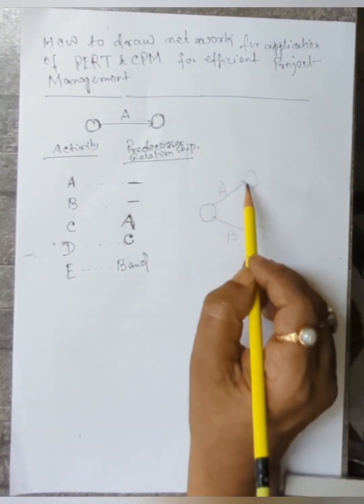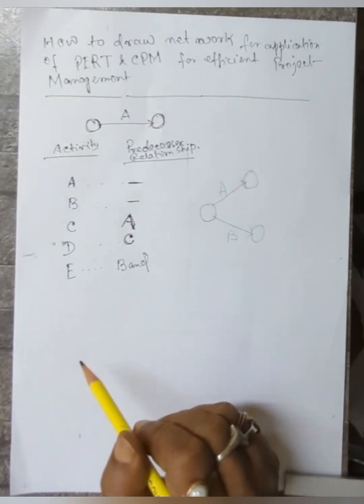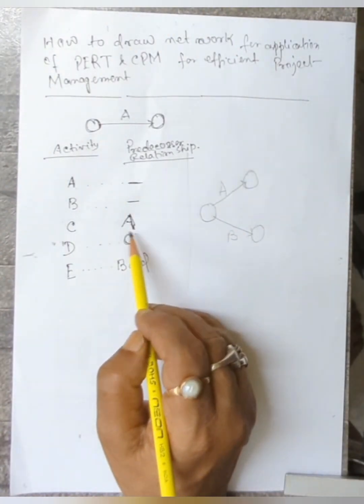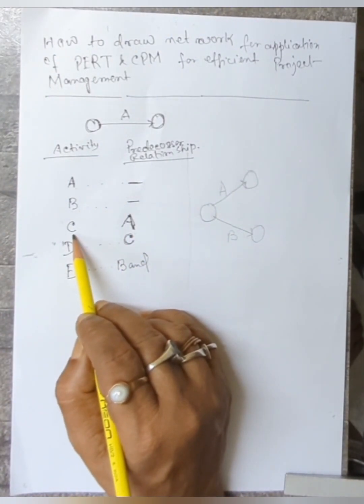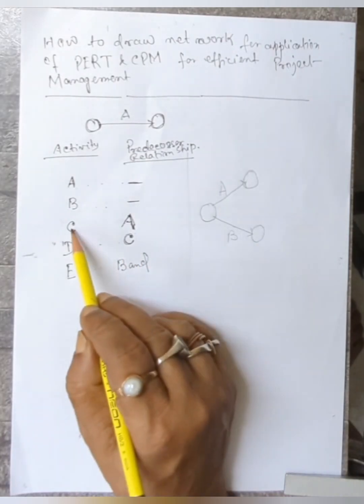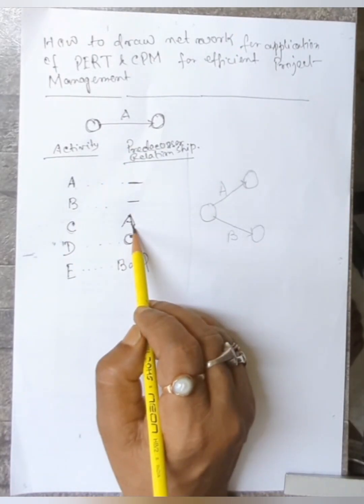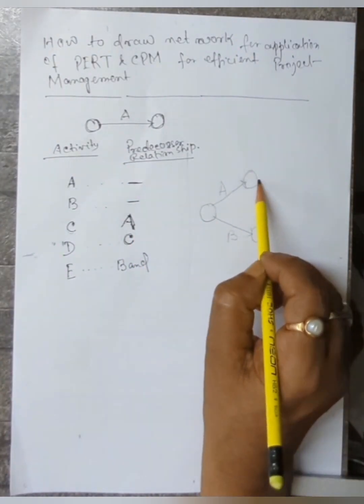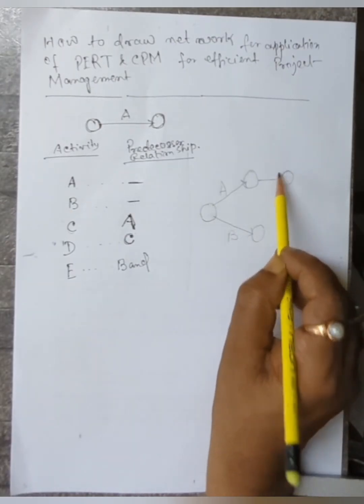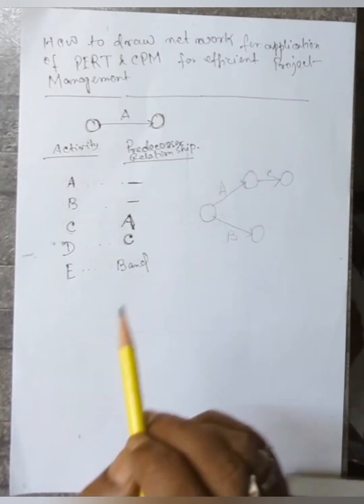These are the starting activities. Now, C can start after completion of A. That means after completion of A, you may start the activity C. So this is C activity.